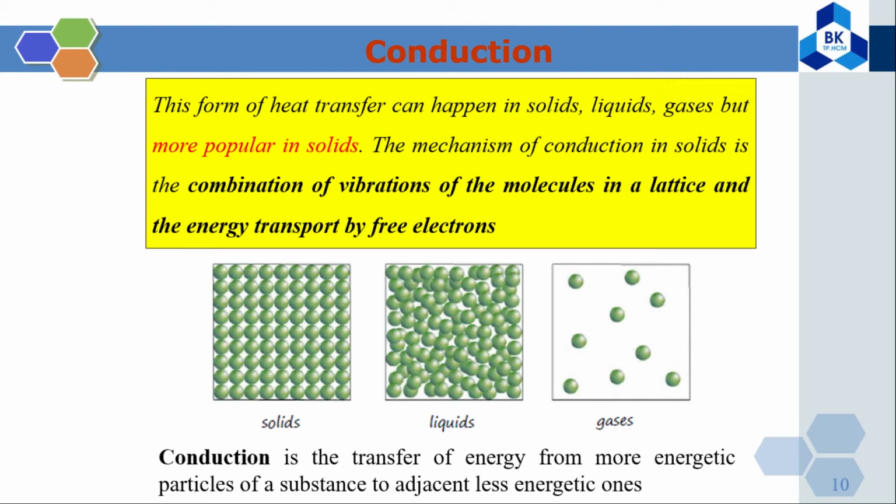Look at the picture on the screen. You can see many molecules inside the solid, fewer in the liquid, and even fewer in the gas. So conduction is the transfer of energy from more energetic particles of a substance to adjacent less energetic ones.